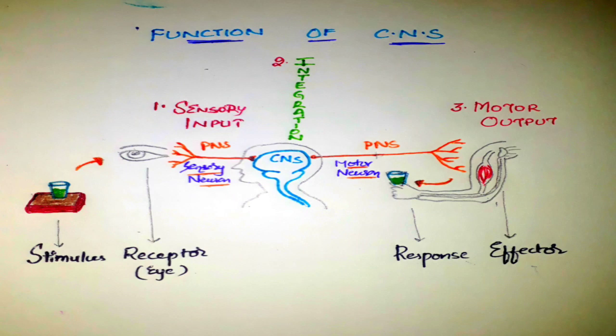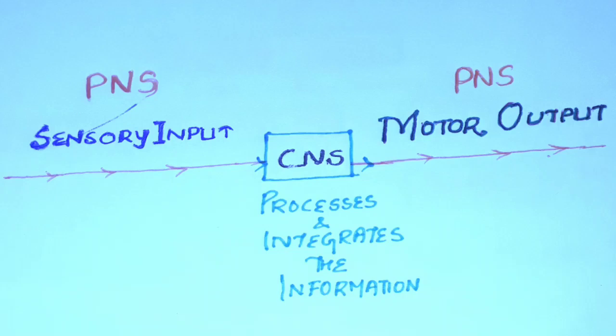Suppose we went to a party and our favorite delicious food is served to us, and then our tongue starts salivating. Here, sensory input is we see the food or we smell the food, and the motor output is salivation.